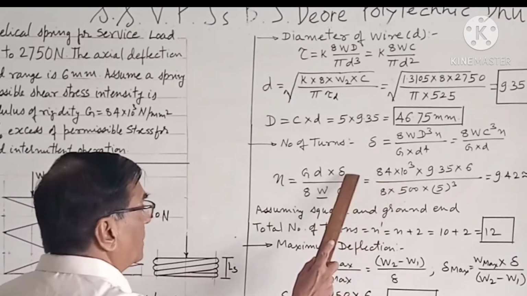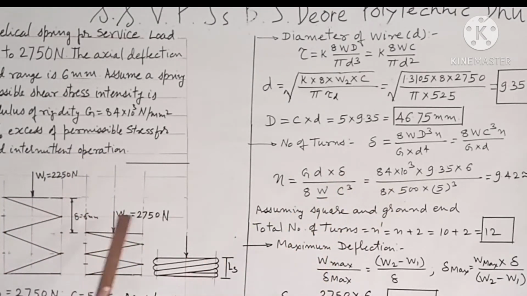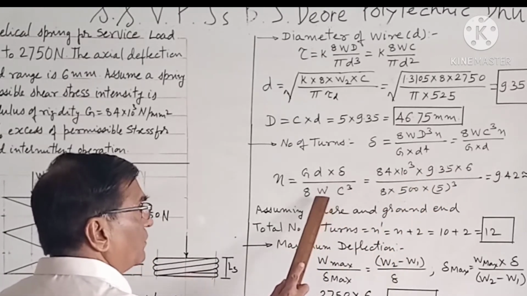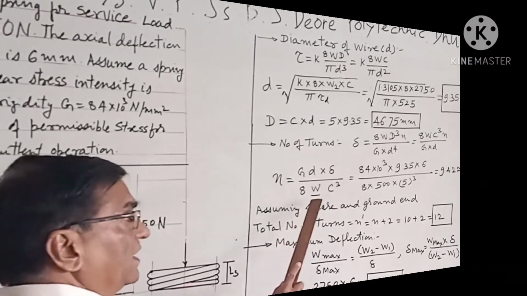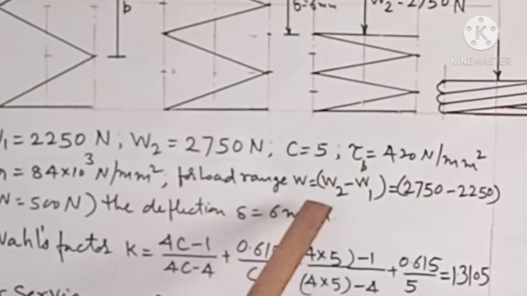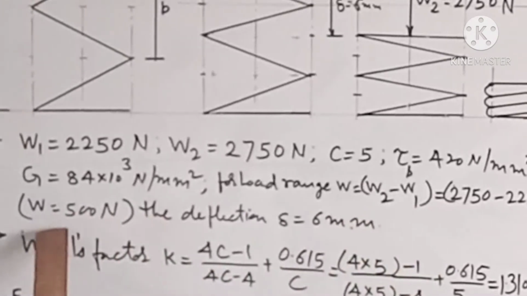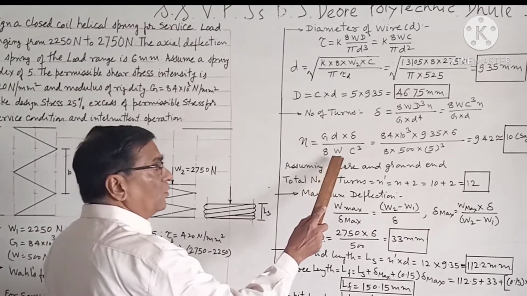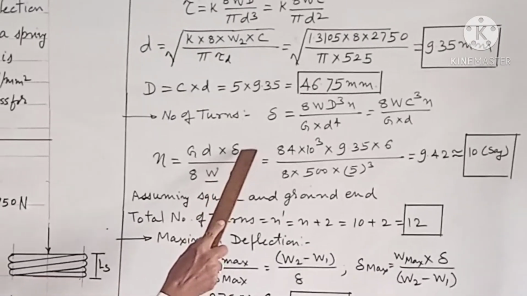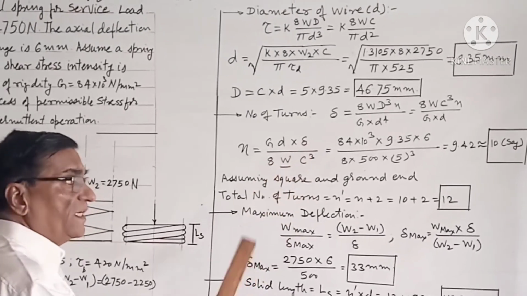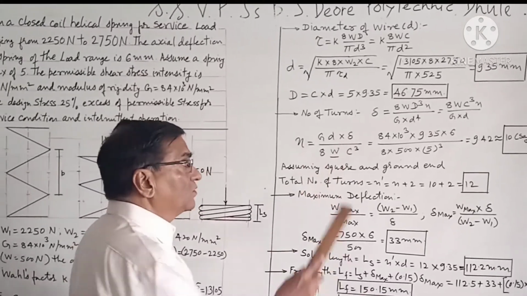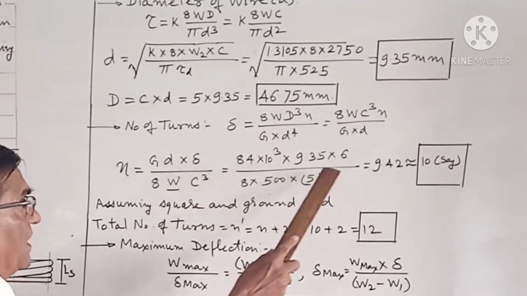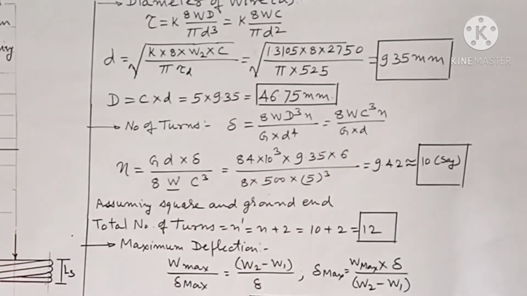So here the value of W, the load range, difference of loads, must be taken. The load range W2 minus W1 is equal to 500. So here the value of load range is to be taken, because we are taking delta for load range. Here care should be taken. So the value of W is 500 here, and value of delta is given as 6 millimeter.